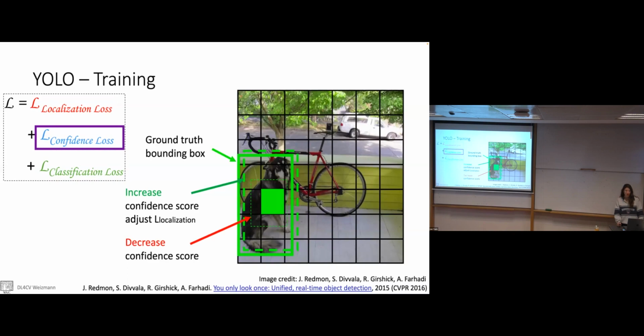Yes, the confidence: think of it as a binary classification. So it's basically a binary cross-entropy loss of whether you're right or wrong, whether there is an object or there isn't. And for this other bounding box, which has a very low intersection over union, we only decrease the confidence score and we don't touch the localization loss.